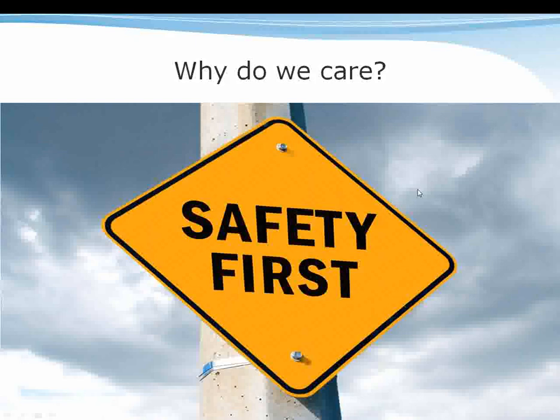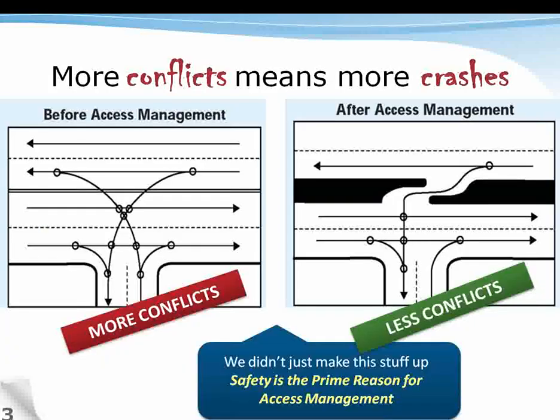Now, why do we care about access management? And no, we don't just make this up. The main purpose for access management is safety. We have shown over and over again in research that good access management leads to fewer crashes. How do we do it? Well, essentially, we reduce crashes by restricting the number of conflict points. As you can see, each of the circles in these pictures shows a location where vehicles can collide.